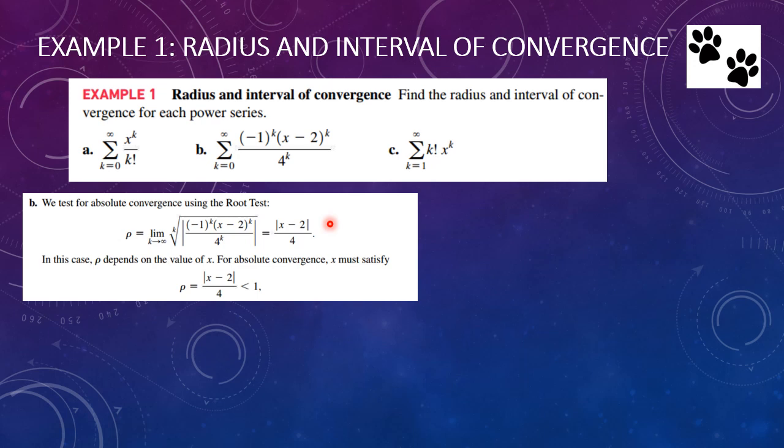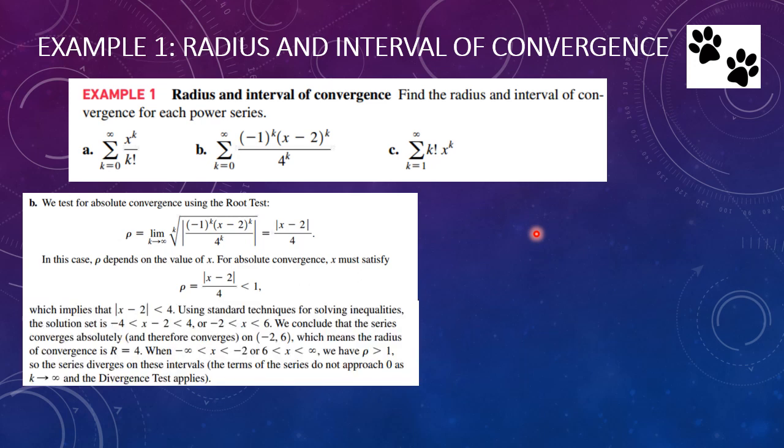In this case, rho depends on the value of x, and remember with the root test for absolute convergence, rho has to be less than 1, so the absolute value of x minus 2 over 4 has to be less than 1. This implies that x minus 2 is less than 4 in absolute value, and then solving that, we get that x minus 2 is between negative 4 and 4, or x is between negative 2 and 6.